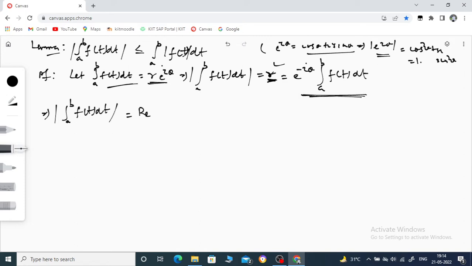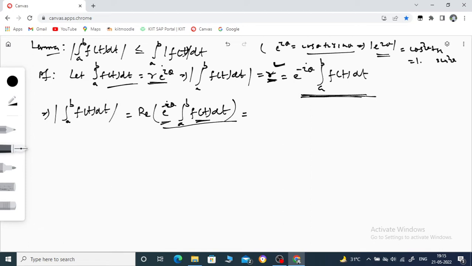So since r is a real number, we can write this as the real part of e to the power minus i theta times integration from a to b f of t dt. Since r is real, I can write it as the real part of this one. Then e to the power minus i theta can go inside the integration, since f of t is continuous.